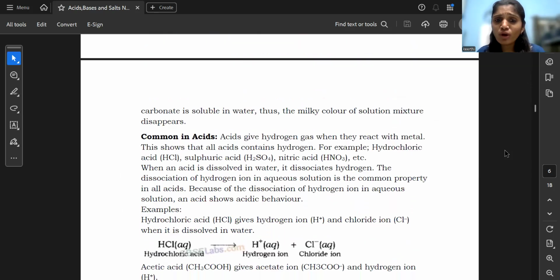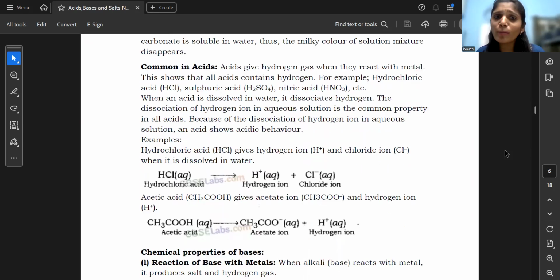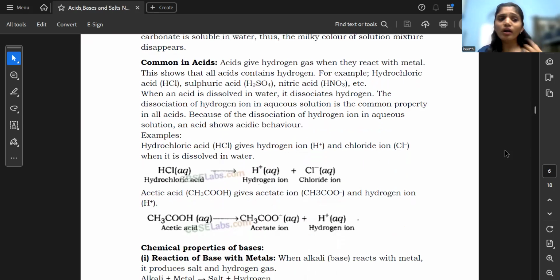What is common in acids? What did we see in the chemical reactions of acids? Acids give hydrogen gas when they react with metals. What does this prove?